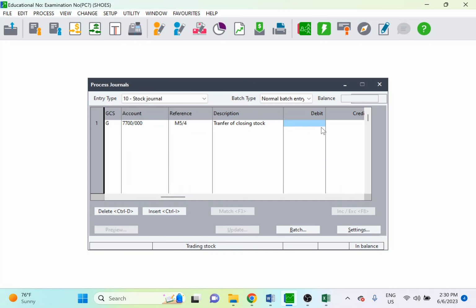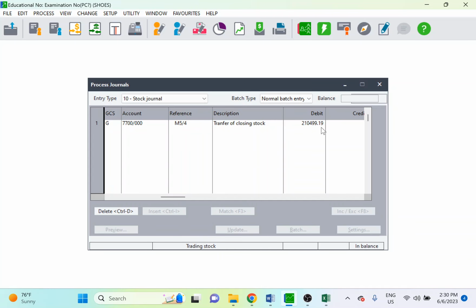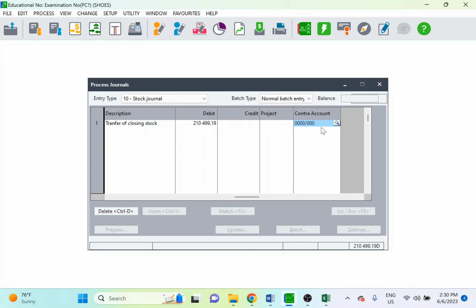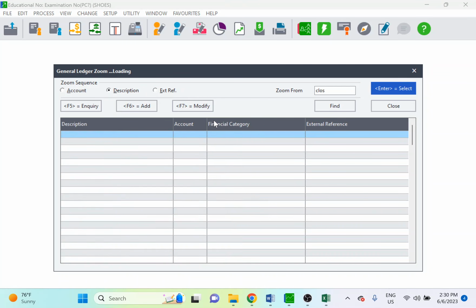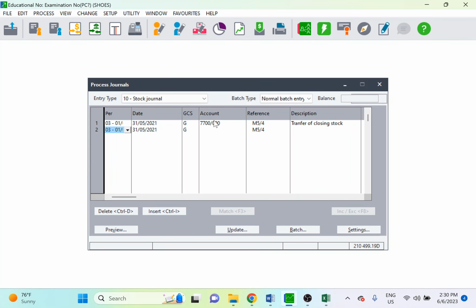Now we're going to take the total from our inventory valuation, from our inventory journal. So it's 210,499 rand 19 cents, if I still remember correctly. Now our contra account, we're going to use closing stock. Search for closing stock, and then that's it. You print it.